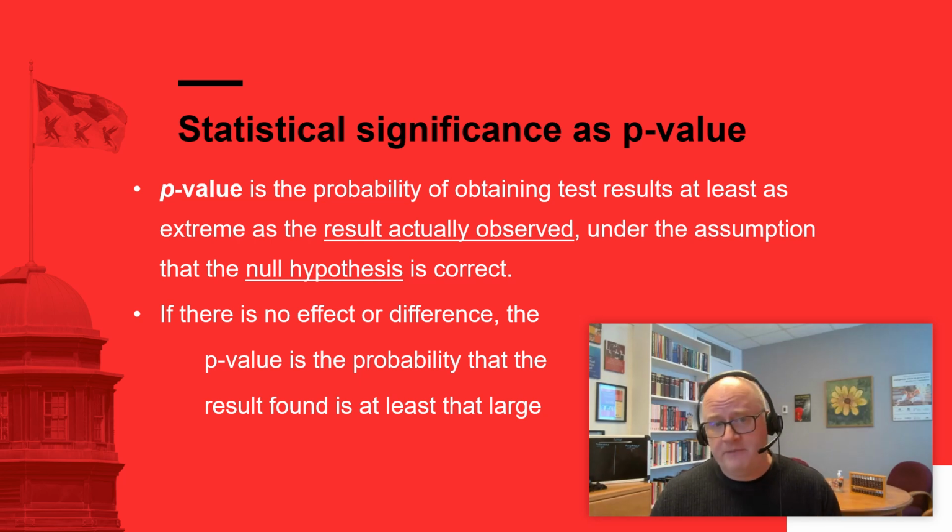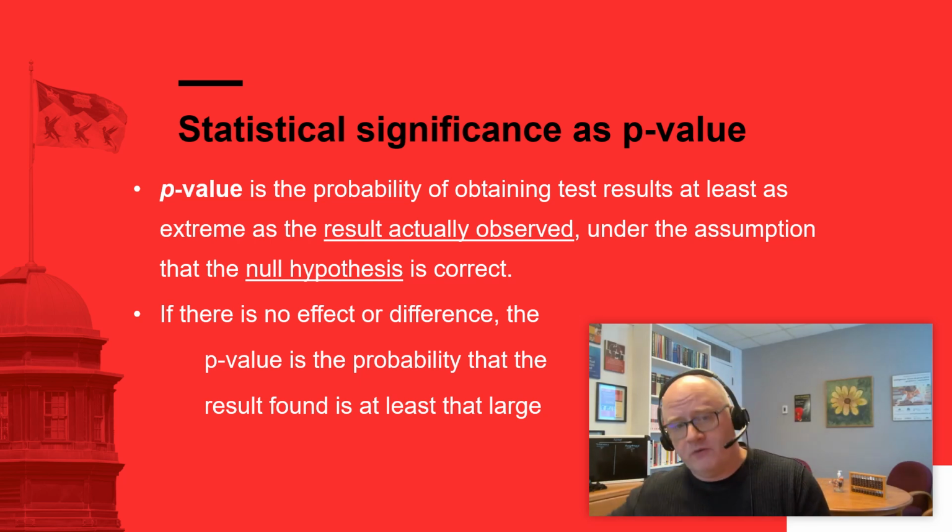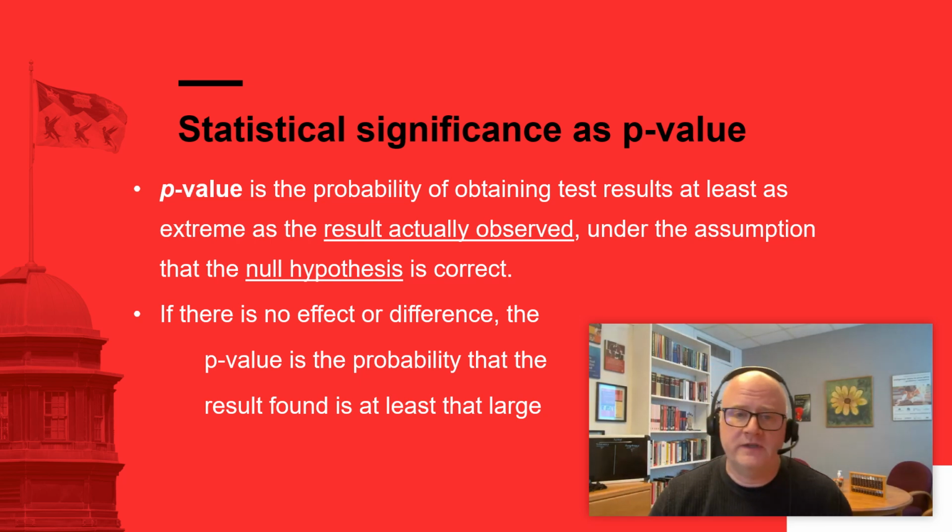If I hypothesized that ahead of time, I would assume that they live the same. And if there's a big difference, what's the likelihood of that difference occurring, or greater, if there were no real differences?